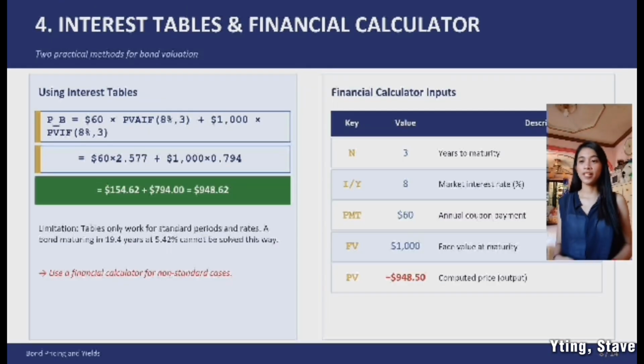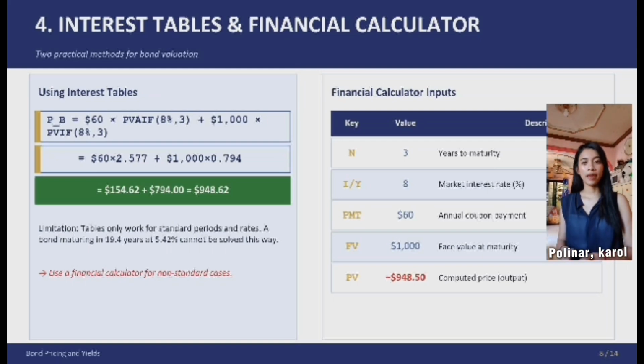These slides explain two ways of computing the value of a bond: using an interest table and using a financial calculator. On the left side, the bond price is solved manually, step by step, using formulas and interest table values, resulting in about $948.